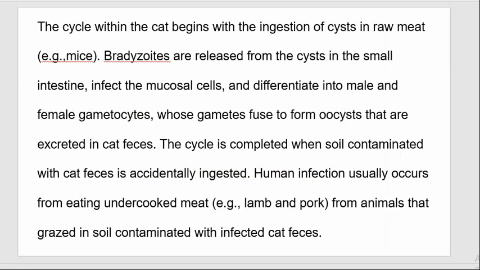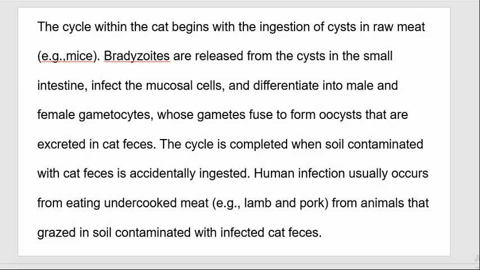The bradyzoites are released from the cyst in the small intestine, infect the mucosal cells and differentiate into male and female gametocytes. قلنا بالكات راح تحدث عندنا sexual reproduction، لذلك البراديزويد تتحول إلى female gametocyte and male gametocyte. And these will fuse to form oocysts يعني fertilized egg or zygote اللي تتحول إلى الأوسيست that are excreted in the cat feces. إذن مصدر الإصابة للإنسان هو الأوسيست.